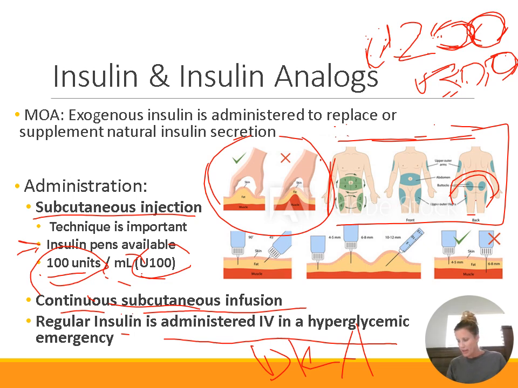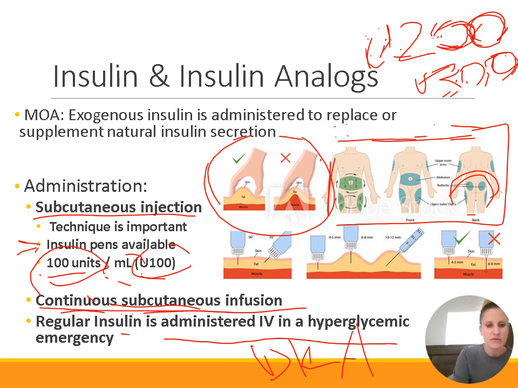Because remember, the pancreas gives us constant basal insulin. Then when we have a meal, it peaks. So with the insulin pump, you can set it for that constant basal infusion, and then every time the patient eats, they program a bolus. So there will be that bolus of insulin to mimic that postprandial insulin.